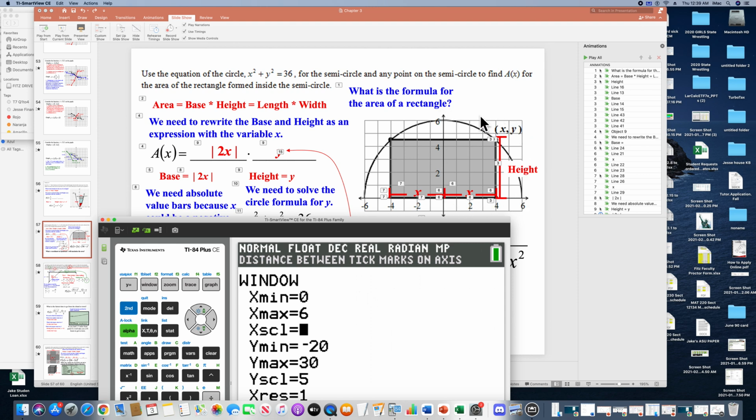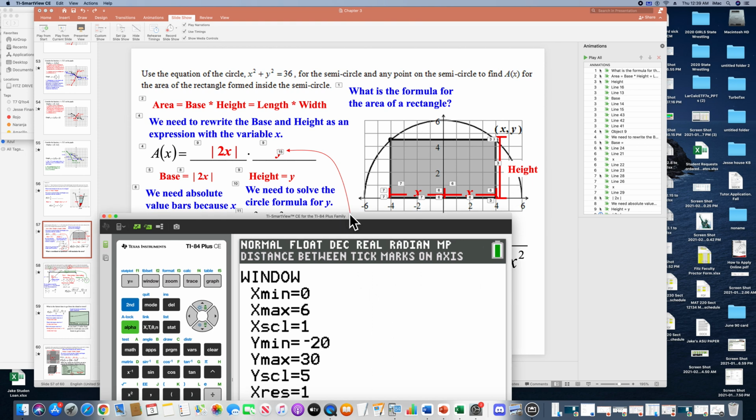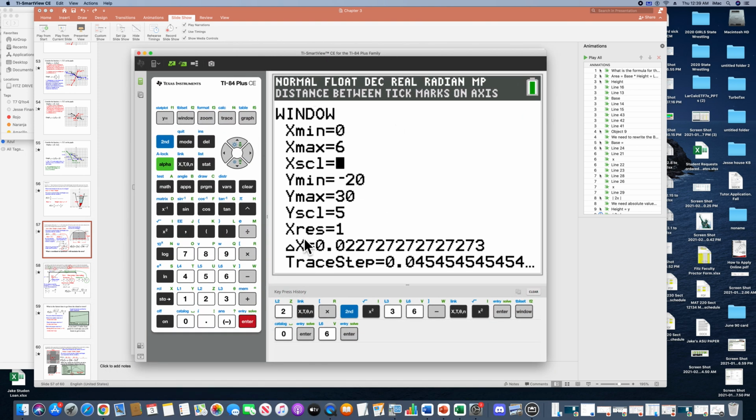That's way too big, but it'd be a good Y max for us, so we could say 36 or 35. Those would be all good. So our Y min would be 0. If you want to leave this as 30 from when we used it before, that should be a pretty good choice. If you want to change it to 36 to be on the safe side, so be it. I'll leave it at 30.